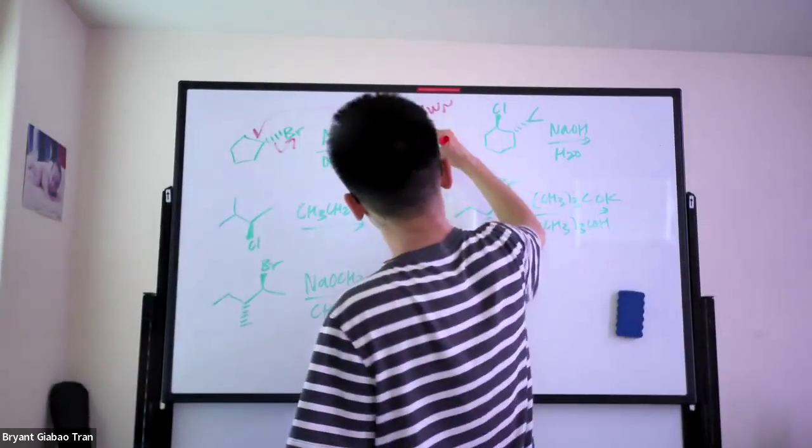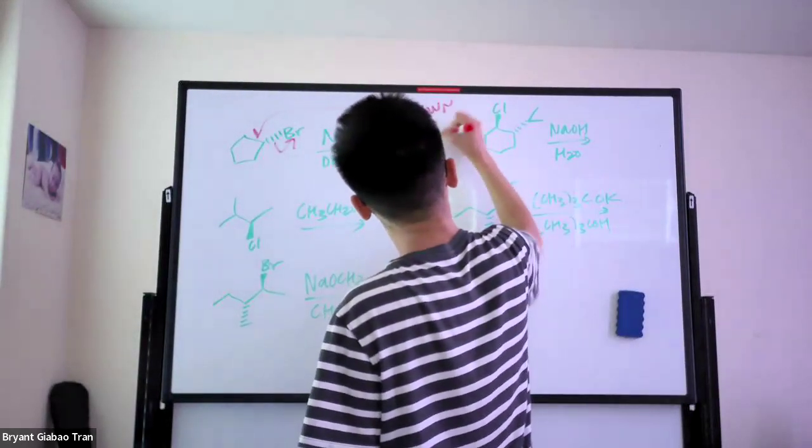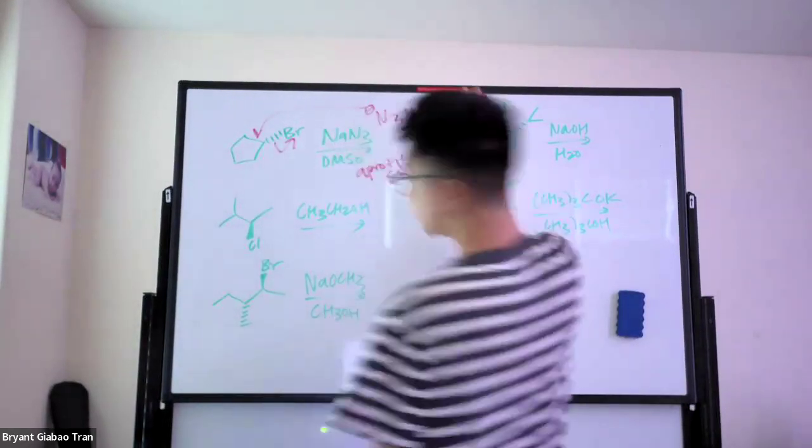So when you add the N3, you invert the stereochemistry, dash to wedge. Is this what you got? Yeah, that's right.